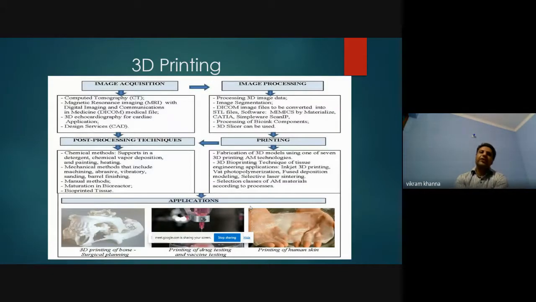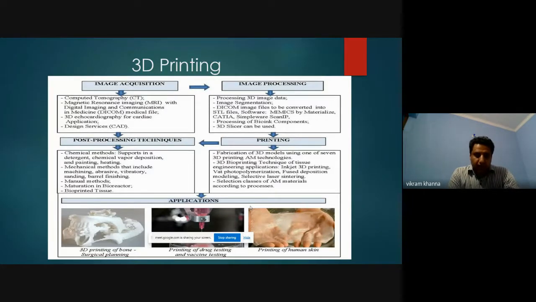3D printing, yes, 3D printing. It is now a newer technique. The basis of 3D printing is getting information from the patient. You get this information in two forms: from the X-ray and from a good photograph.